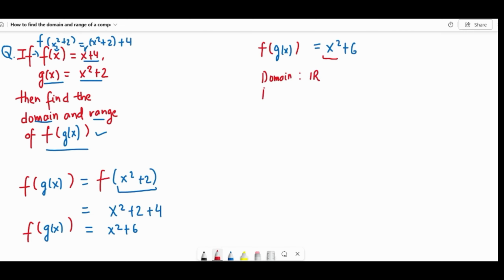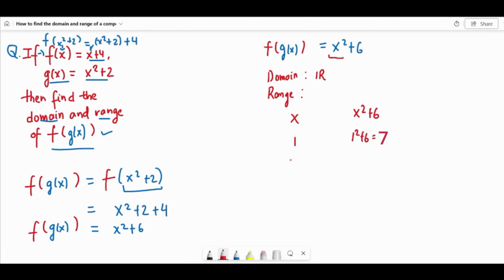Now we have to find the range of this function. So to do that, let us assume some random values of x and see what output we are getting. So let's say that we can take x to be 1. In that case, x squared plus 6 will be 1 squared plus 6. We can take x to be 3.